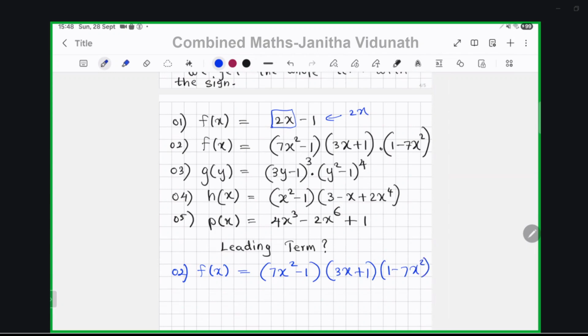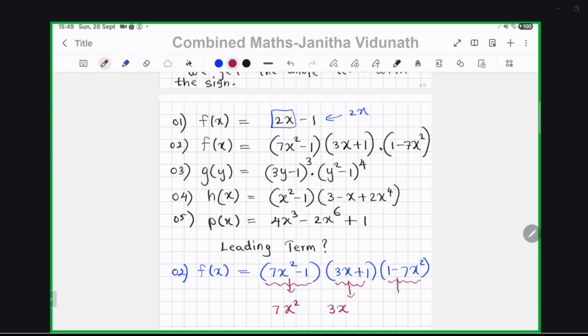Here, to identify the term with the highest power, we need to identify the term with the highest power within each bracket. There are 3 brackets. In the first, the term with the highest power is 7 times x square. In the second bracket, it is 3x.